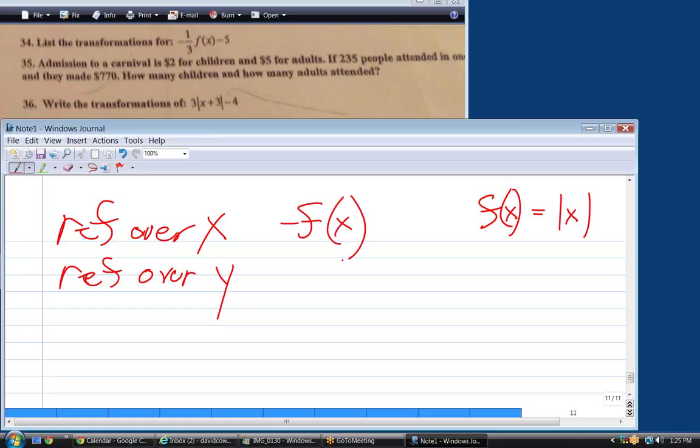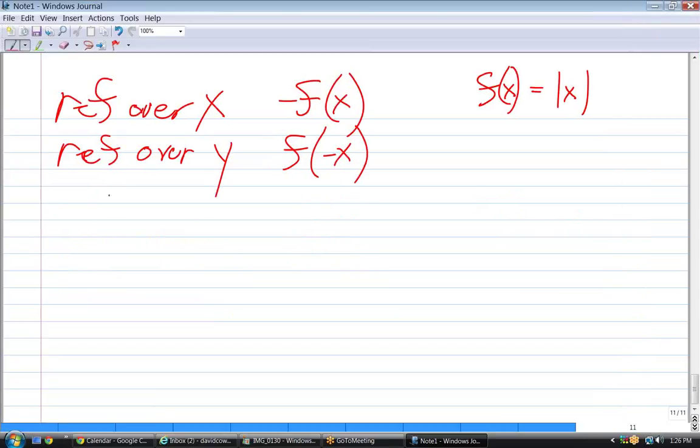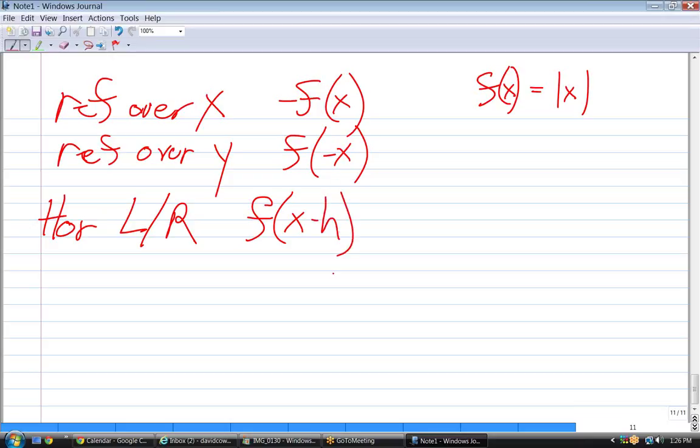There is a reflection over x. There is a reflection over y. The other 4 are horizontal, left or right, that's how you accomplish that.